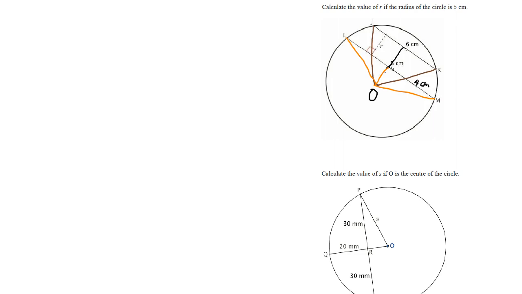I'm going to call this X, and this is 5 centimeter. By the Pythagorean theorem, 5 squared is equal to x squared plus 4 squared.